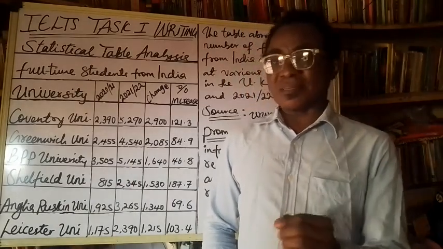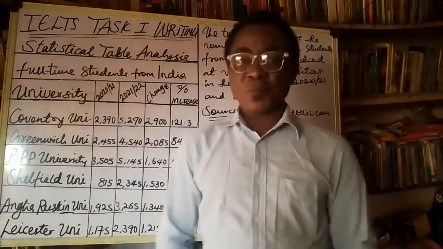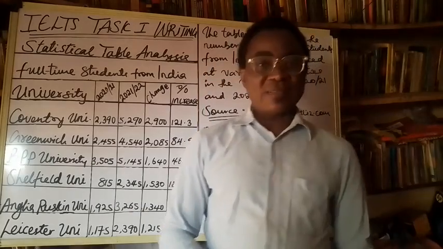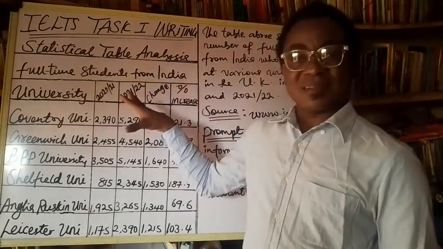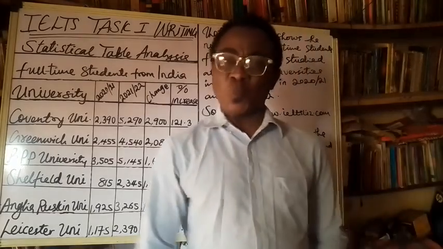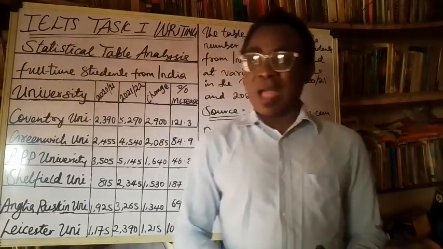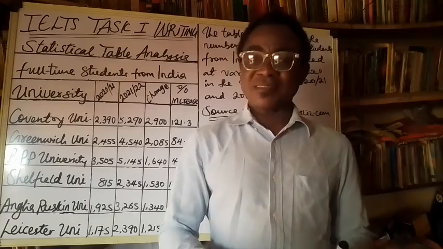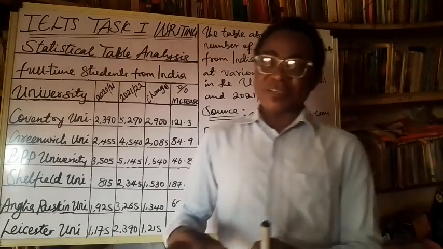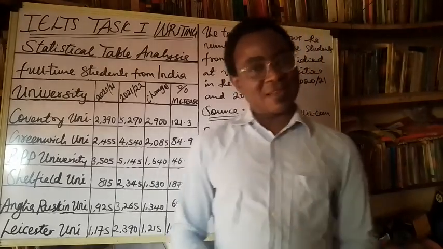Now I'd like you to listen attentively. It is an hour examination involving Task 1 and 2 writing. Task 1 features an economic model like the statistical table that we have here, or a pictogram, a statistical map, a bar chart, a pie chart, or a histogram, and sometimes a map reading and analysis.